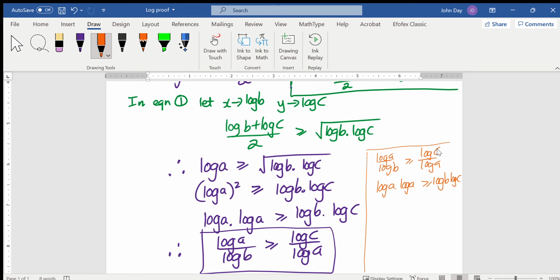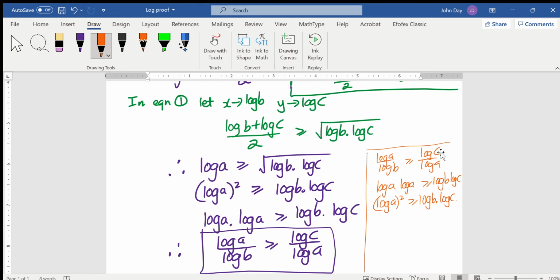And so they go, all right, we've got log of A squared bigger than or equal to log of B times log of C. Now, there's a problem in getting any further from here, because it's not log of A squared, it's log of A times log of A, right?